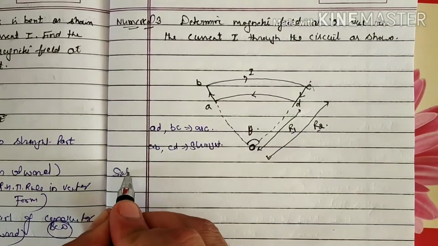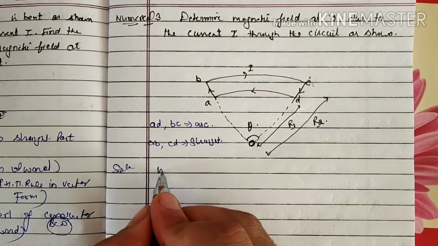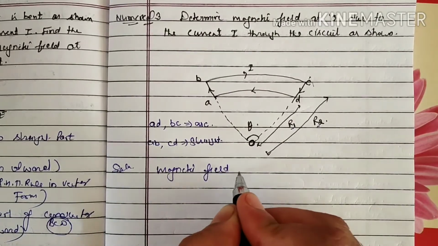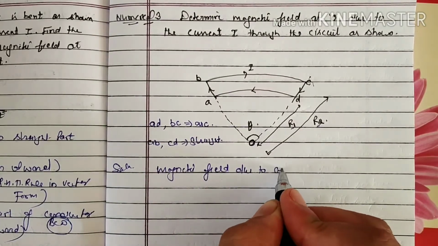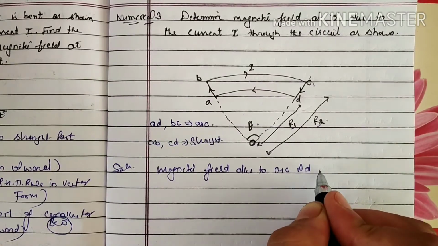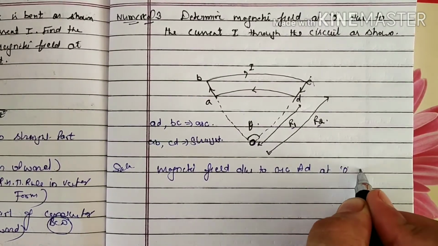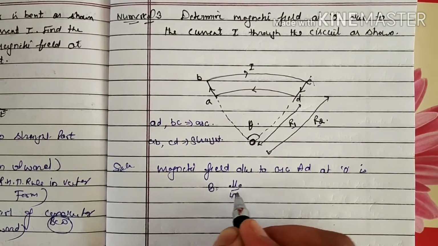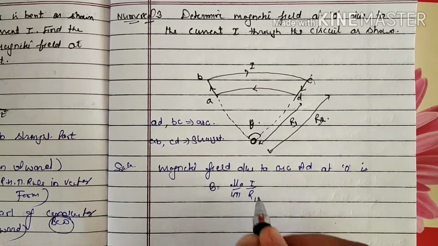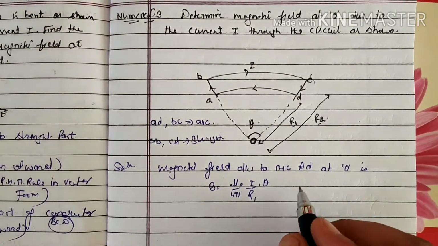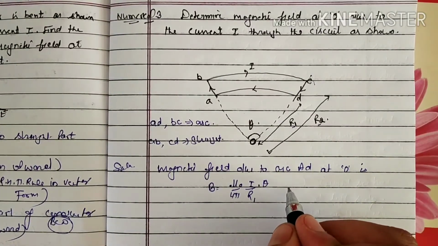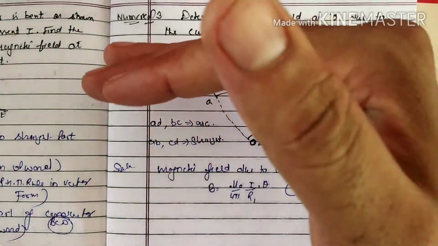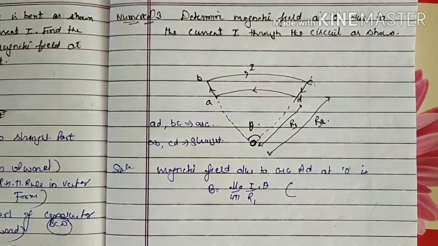So the solution is: the magnetic field due to arc AD at O is B1 equal to mu naught upon 4 pi, I upon R1 into theta, and this magnetic field is upward.